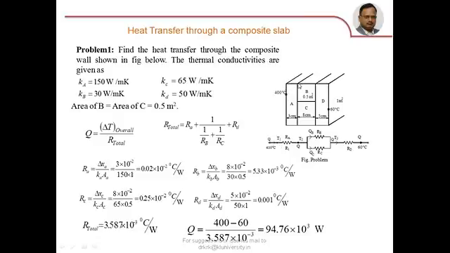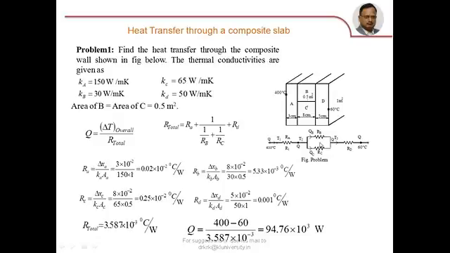So now you have got all the interface temperatures. You know 400. You know the face temperature between A, B, and C. You know the face temperature between B, C, and D. Now another question of interest: how to determine the heat passing through material B and the heat passing through material C? It's very simple. The heat passing through material B is QB.